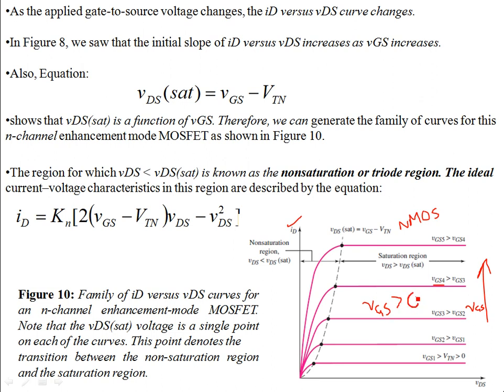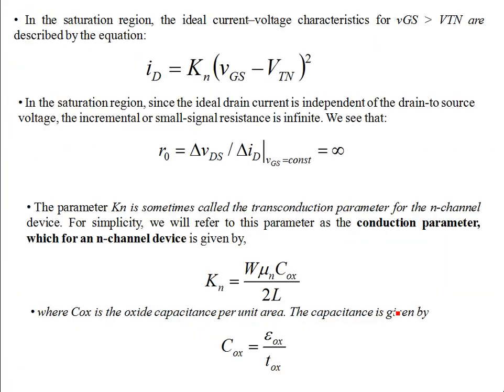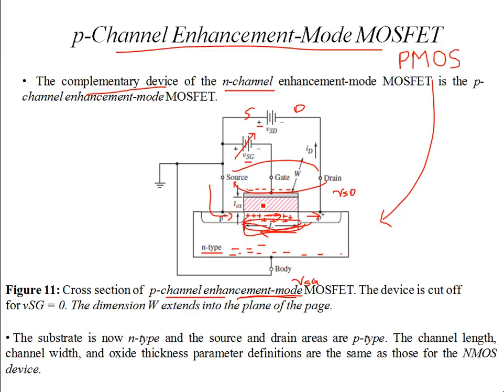But here, since you are applying a negative voltage at the gate, VSG is VS minus VG, and basically the gate voltage is negative. So to make VSG a positive quantity, we write this as VSG. Because your VGS here is less than 0.